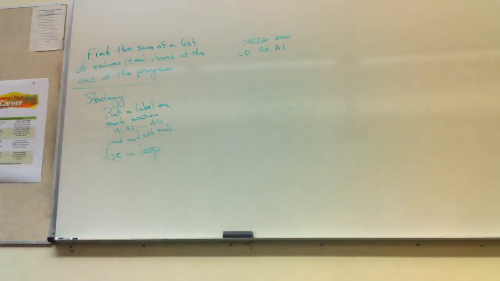That first step is probably best. An alternative would be to clear register 0, and then as part of the loop, load that first value and add it onto register 0. But this is much more efficient.